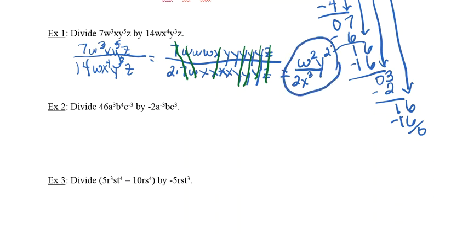I have done the division, and literally all I've done is canceled out like terms. So that's one way of thinking about how to do this process. I'll show you the other way on example 2, and then you can decide which way works better for you.